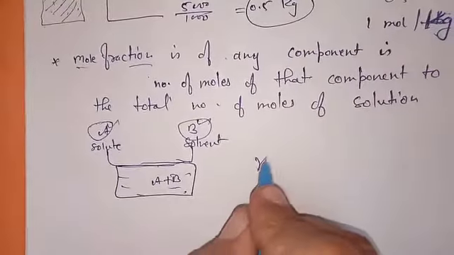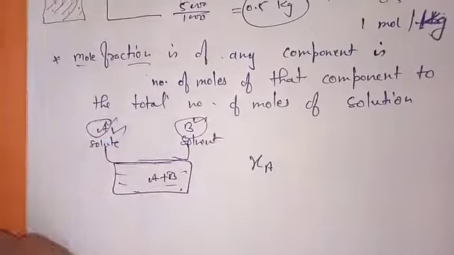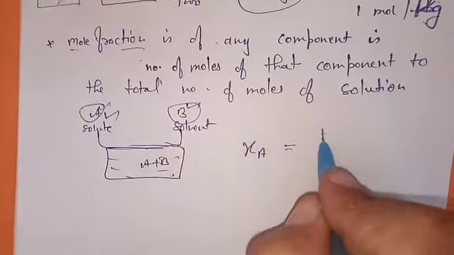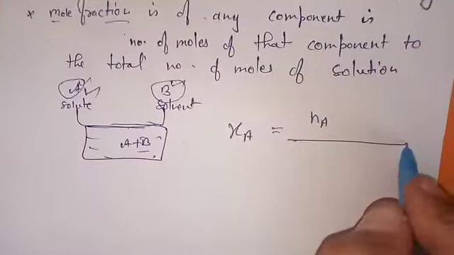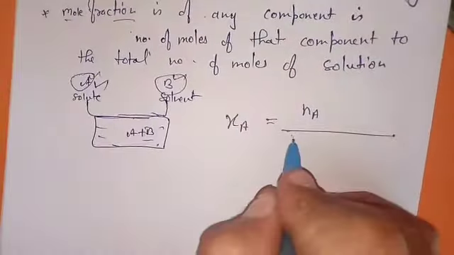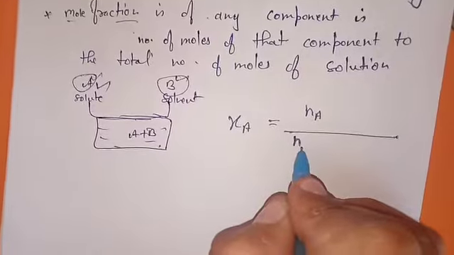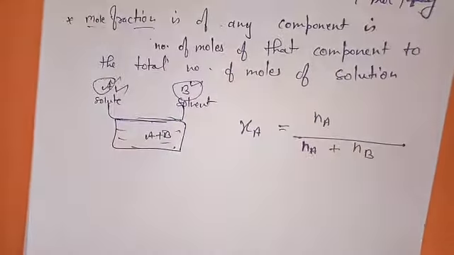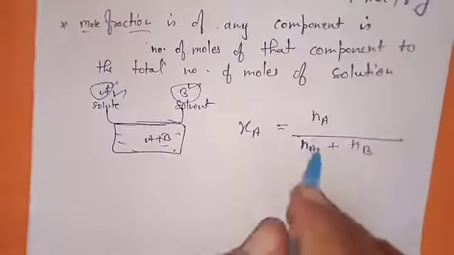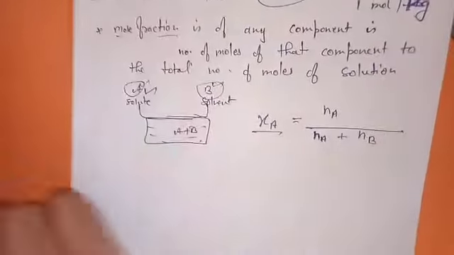Suppose XA represents the mole fraction of solute. First you should have the number of moles of A divided by the total number of moles in solution. Total means the number of moles of solute plus the number of moles of solvent. That will give you the mole fraction of solute, A.